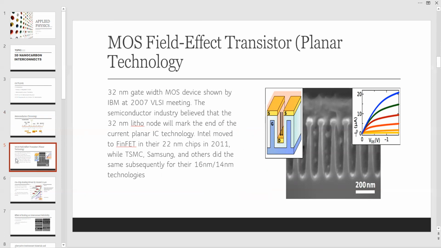The semiconductor industry believed that the 32 nanometer litho node would mark the end of the current planar IC technology. Intel moved to FinFET in their 22 nanometer chips in 2011, while TSMC, Samsung, and others did the same subsequently for their 16 nm and 14 nm technologies.